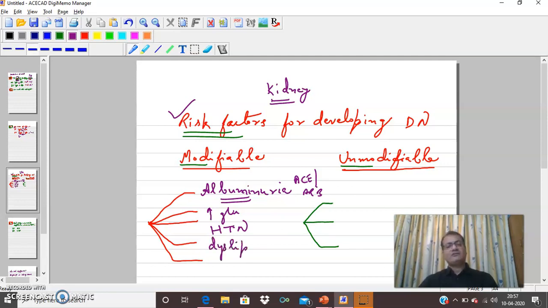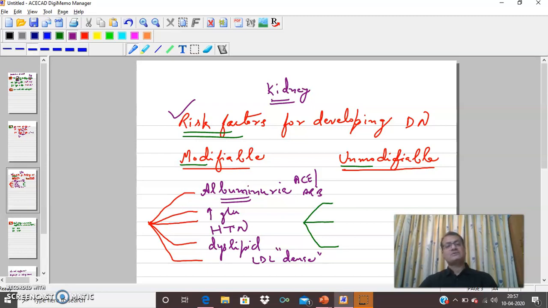If you recall, dyslipidemia in diabetic patients is particularly common. I have spoken previously also that, even if the bad cholesterol levels are normal in a diabetic patient, this LDL or the bad cholesterol molecule is a dense type of molecule in a diabetic patient, and therefore it is highly atherogenic.